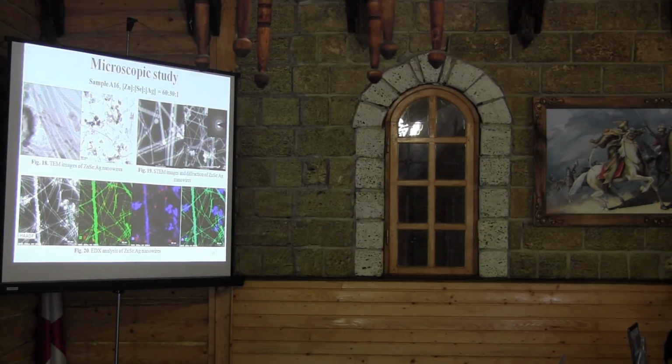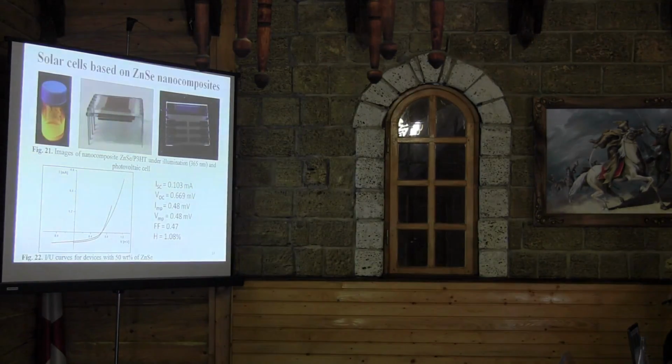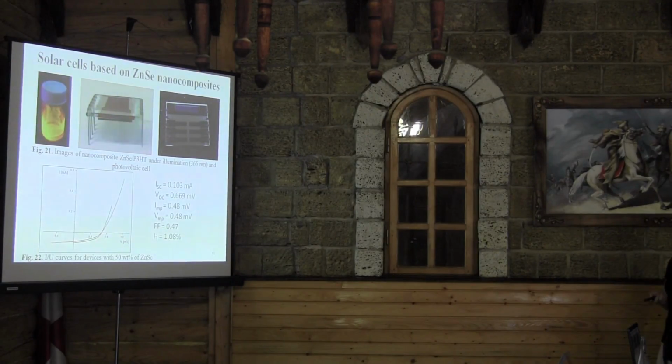And we have the next synthesis, for example, where the molar ratio of zinc to selenium is 2 to 1, and we can see the additional phase of zinc. And for a typical solar cell, we used zinc selenide nanoparticles and P3HT polymers.